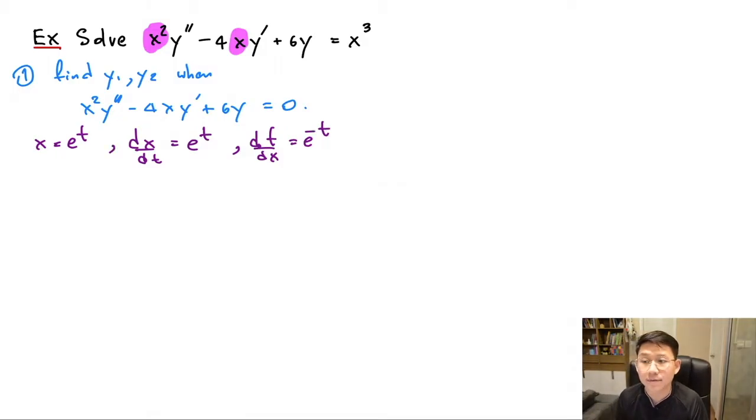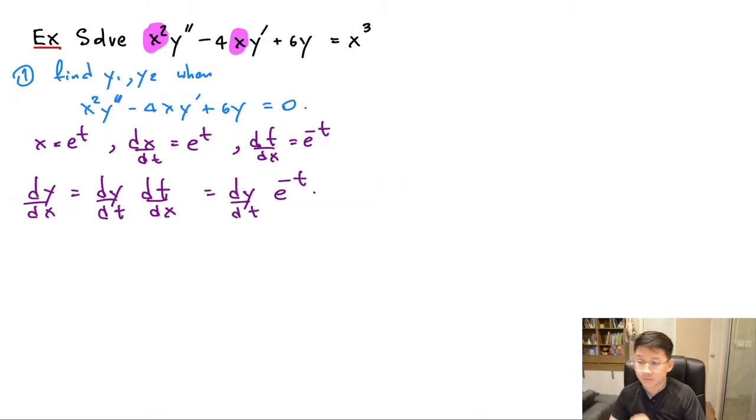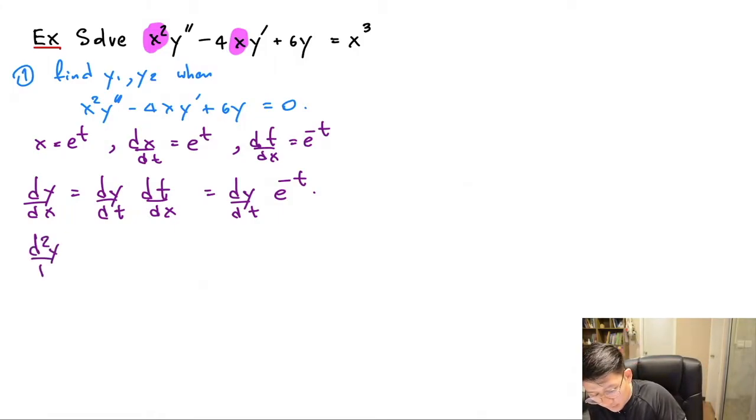And we have that dy by dx is dy by dt times dt by dx, which is dy by dt e to the minus t. And then the second derivative is d by dx of dy by dx, which is d by dx of dy by dt e to the minus t.